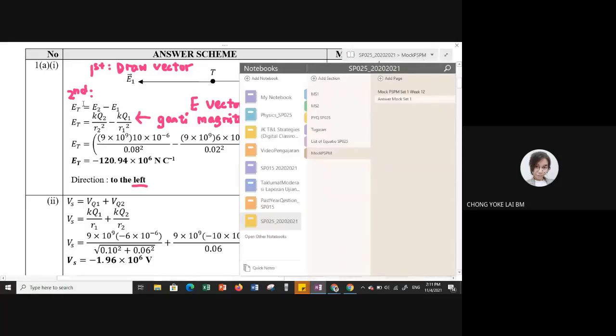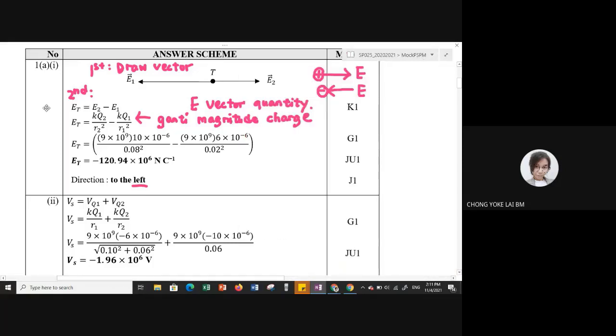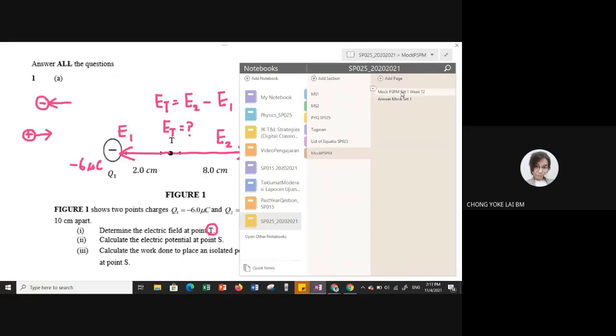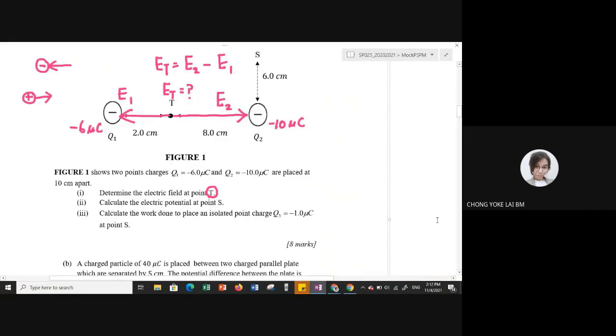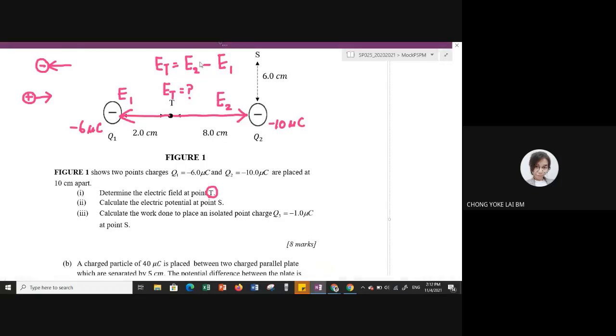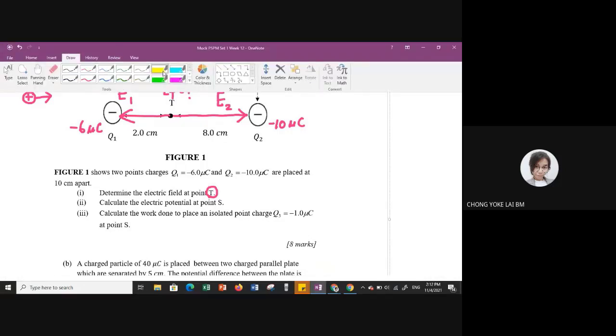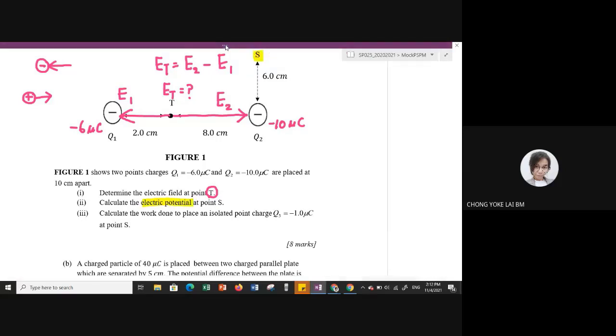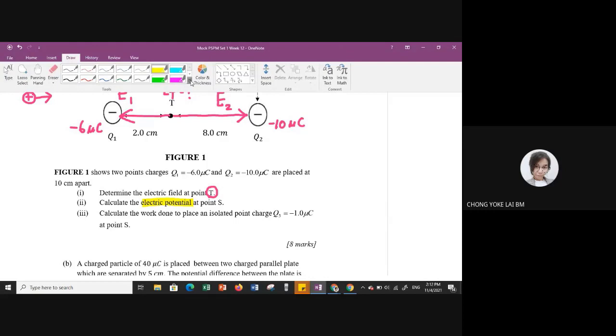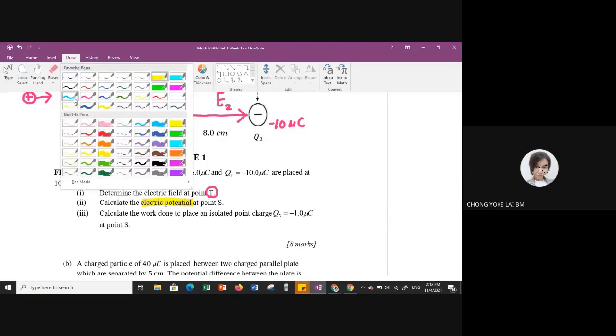Then the second question: if you look at the second question, we want to calculate the electric potential at point S. So what is the difference between electric potential and electric field?